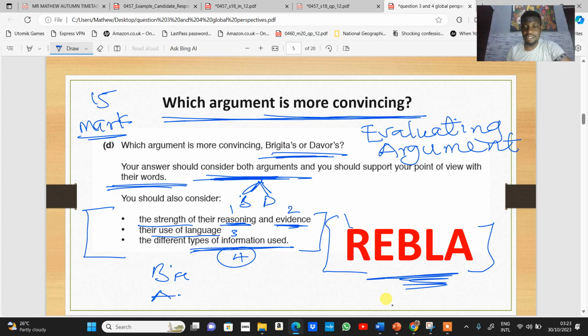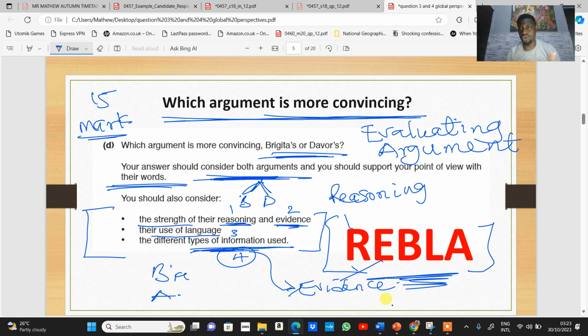R simply means the reasoning. You look at the reasoning, and you look at the evidence from their statement. The type of information and the source of the information are part of the evidence. Then you look at their sources of bias. What are the sources of bias?